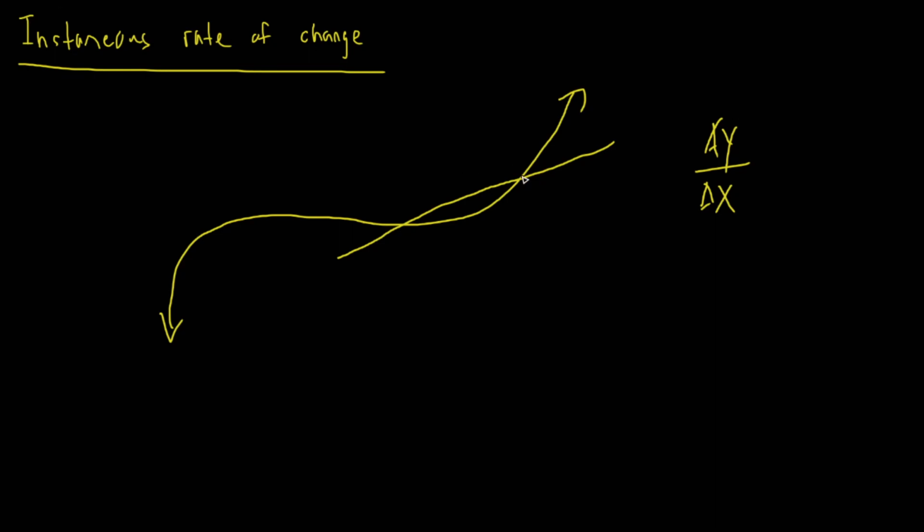I'll call this point x, and I'll call f at x its y value. And I'll call this point x plus h, and h will be the distance between my x values. Or you could think of h as my delta x, right? And my y value would just be f at x plus h.